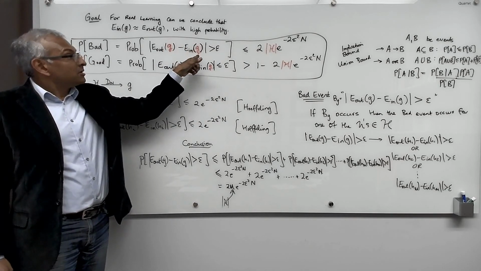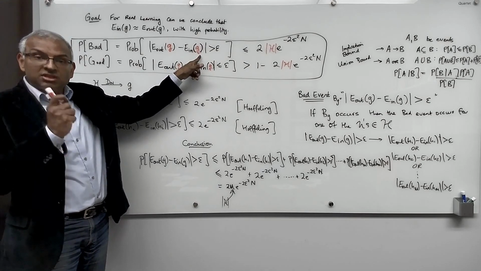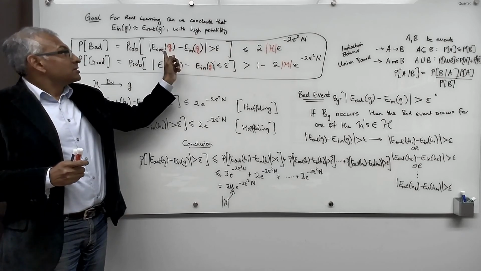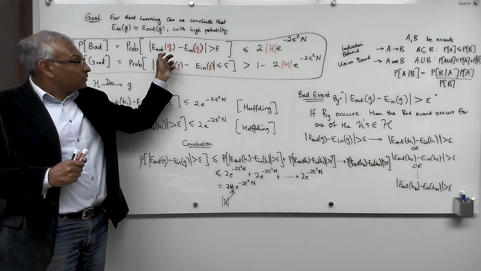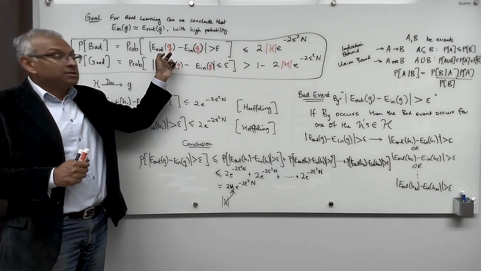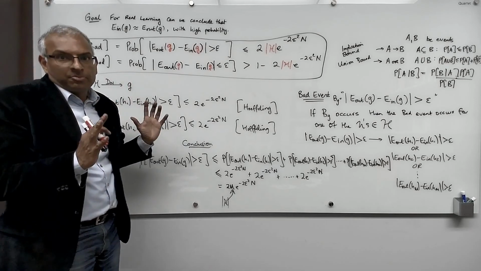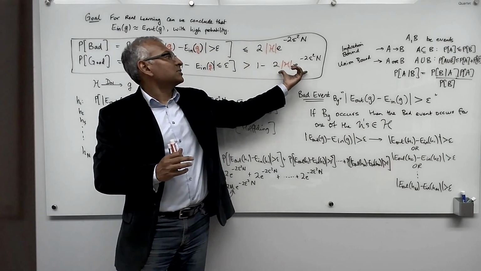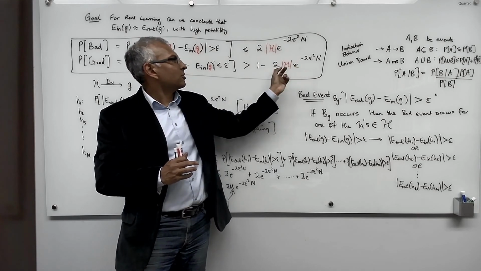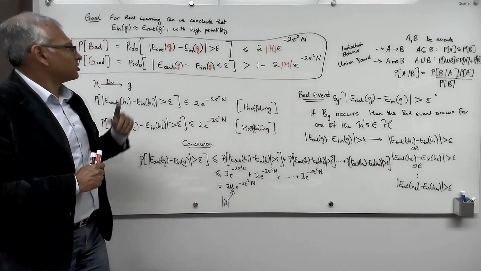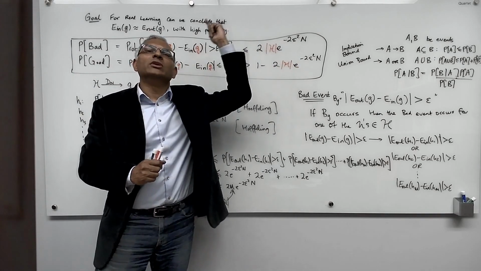So the output of the learning, which is the final hypothesis g picked from H, has an in-sample error that is approximately equal to the out-of-sample error for that hypothesis, with high probability, where the high probability is now not as high as it was before. Because now we're subtracting a larger thing from the one. The probability of a bad event is small, but not as small as it was before when you fixed a single hypothesis.